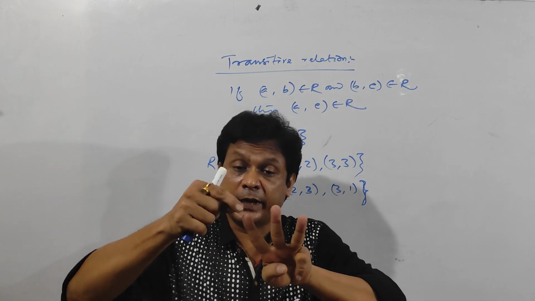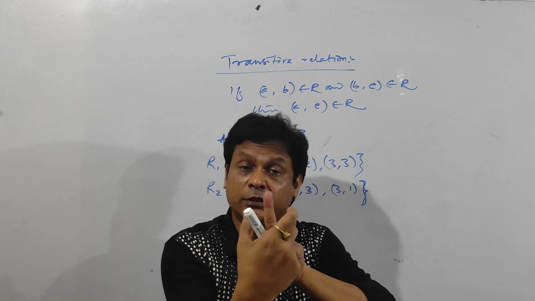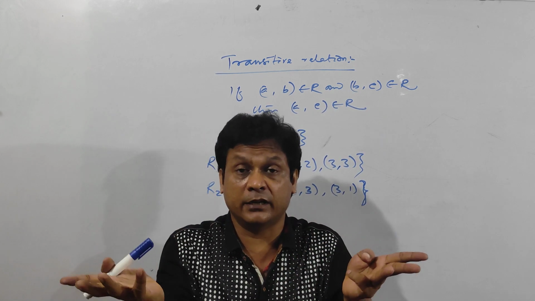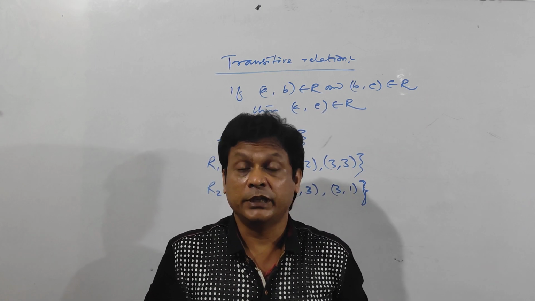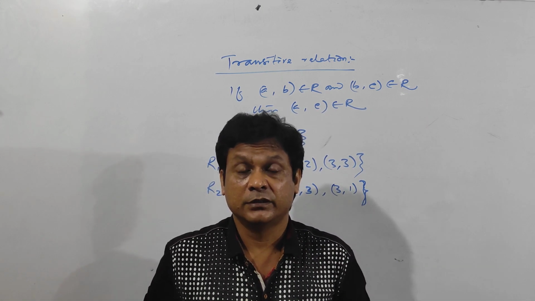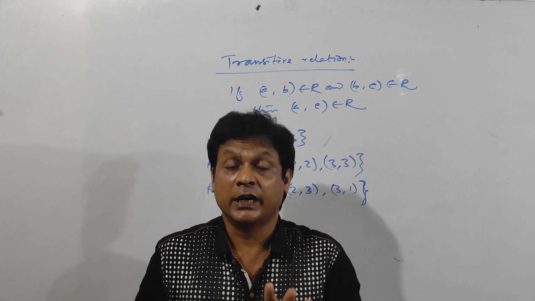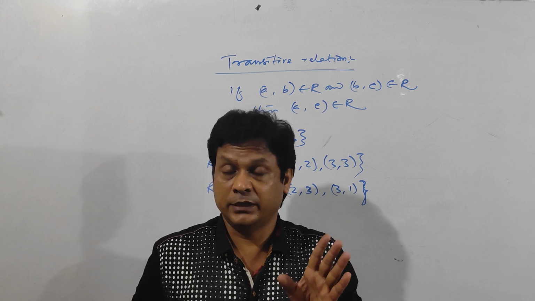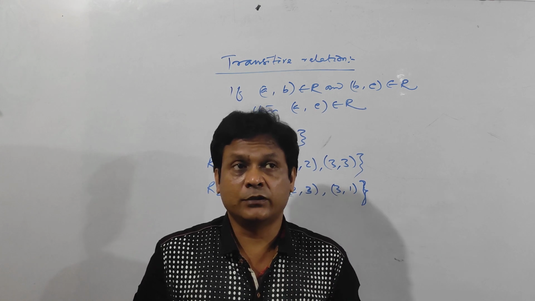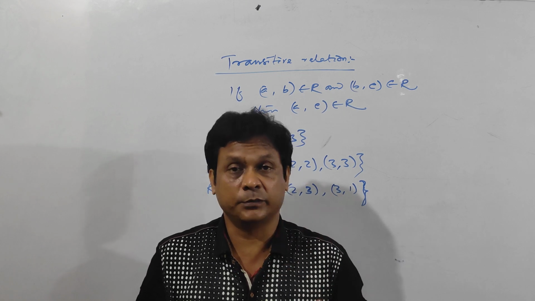See here, if A is related to B and B is related to C, then A must be related to C. If this pattern is not there, so why are you expecting the conclusion? If there is no hypothesis, then how will you get the conclusion? So first of all, hypothesis should be present. See here, a student is said to pass the exam if he has secured 30%.